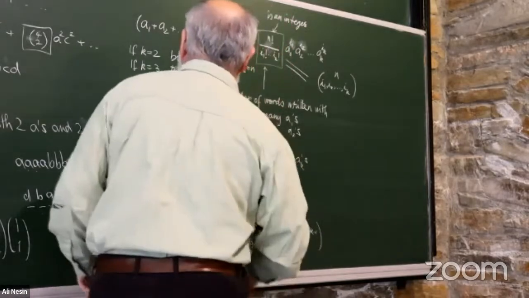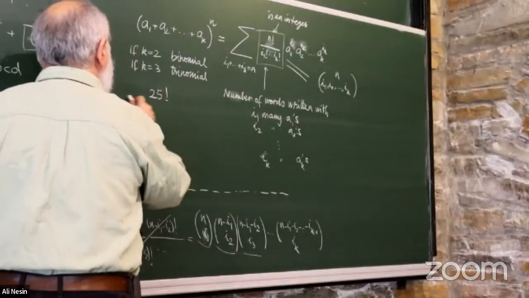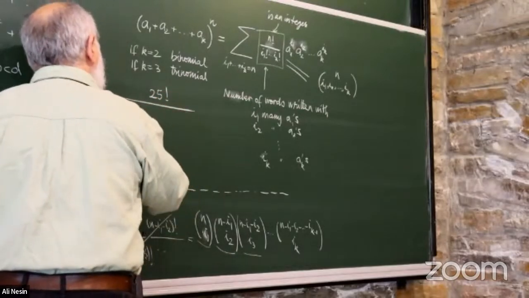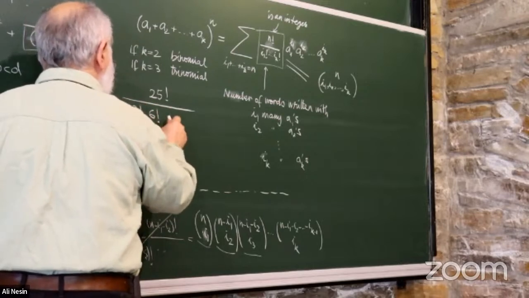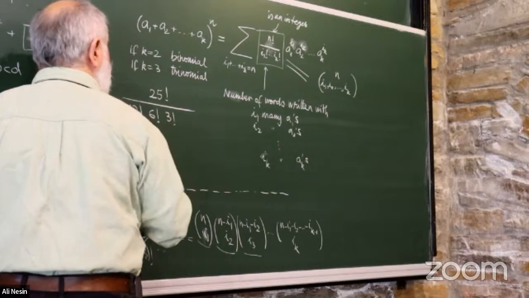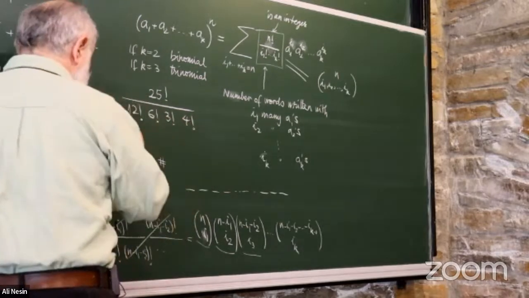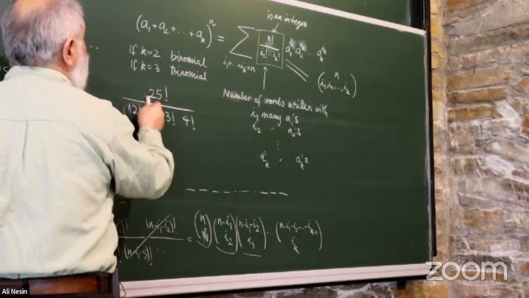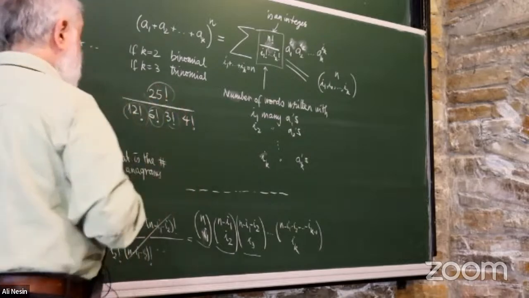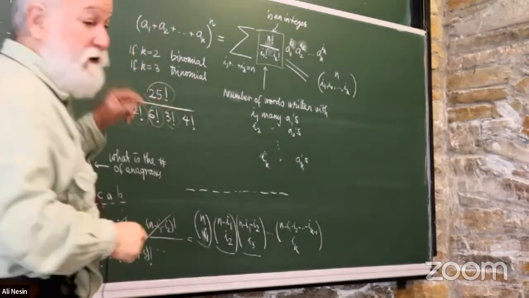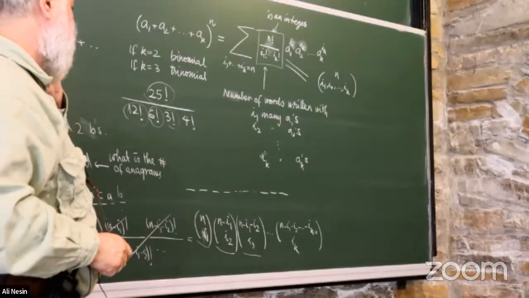For example, take 25 factorial, and here take 12 factorial, 6 factorial, 3 factorial, and 4 factorial. We know that 12 factorial divides 25 factorial. It's easy. This also divides, this also divides 25 factorial. But that the product divides 25 factorial is not trivial at all. It's astonishing. There's a theorem here.